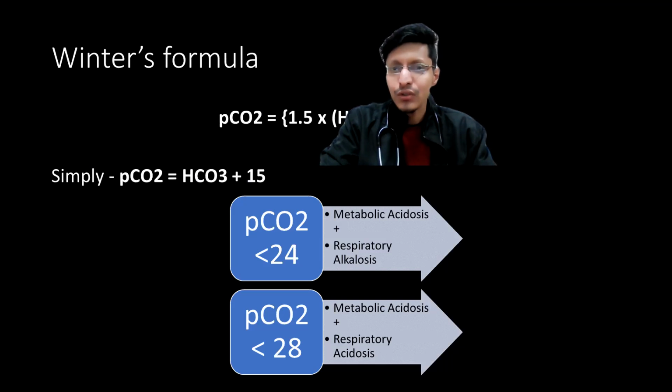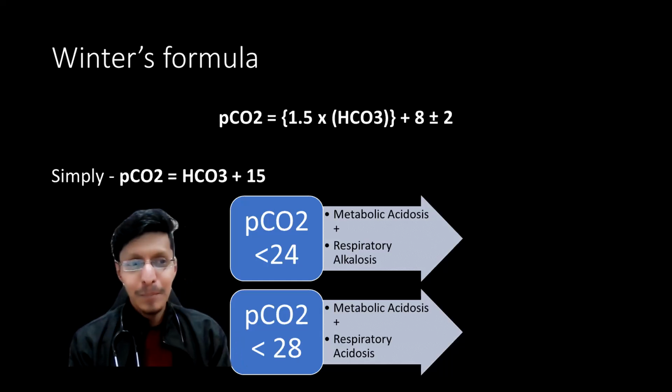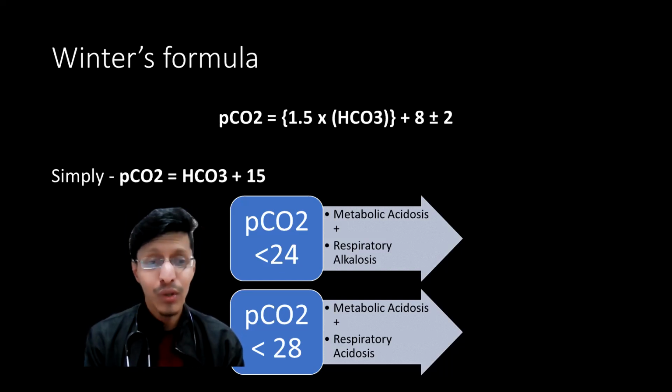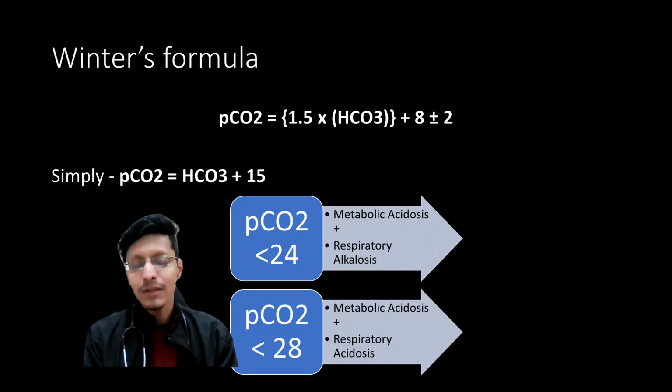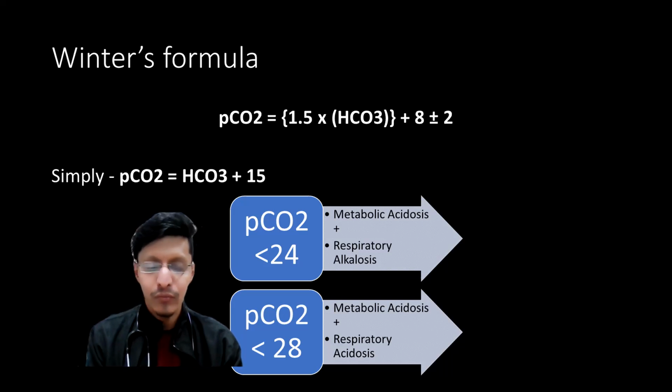Now coming to a bit of the mathematical part. From bicarbonate, we have to work out the PCO2. We multiply bicarbonate by 1.5 and add 8 plus or minus 2.